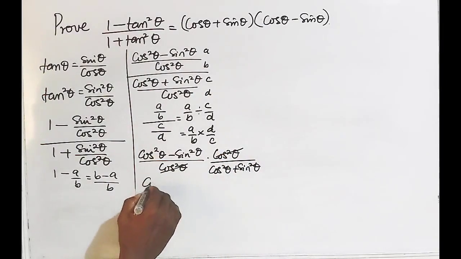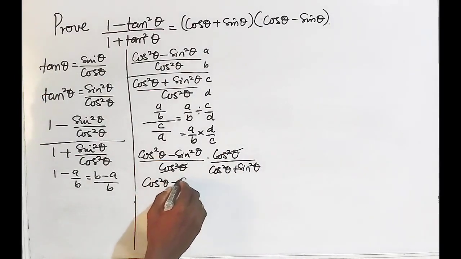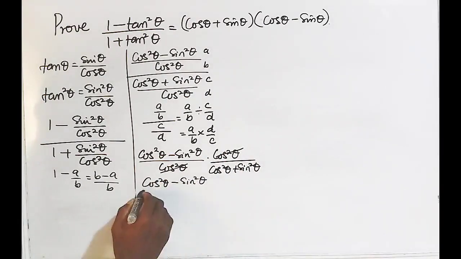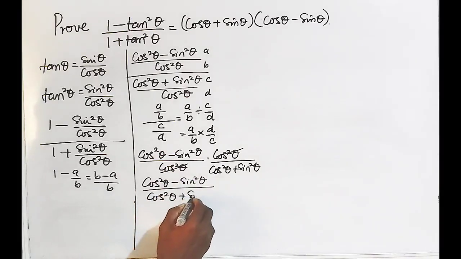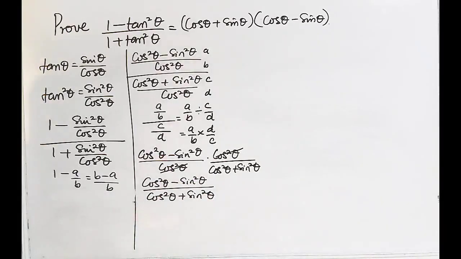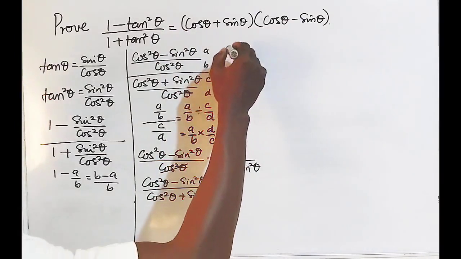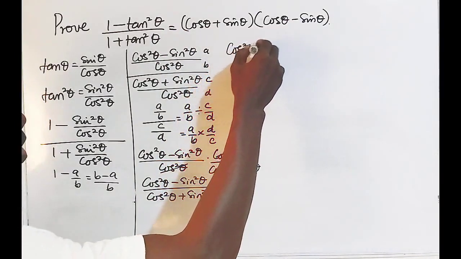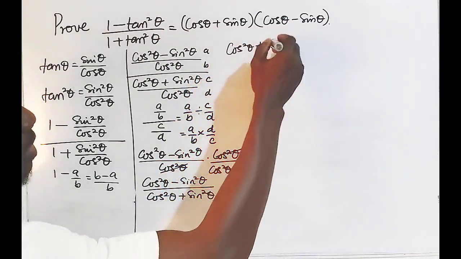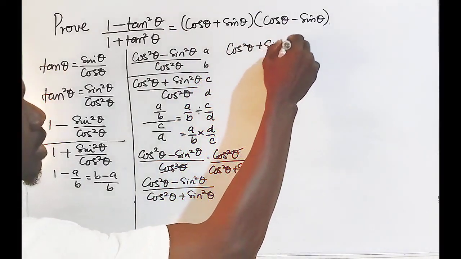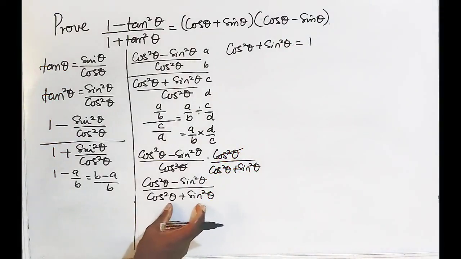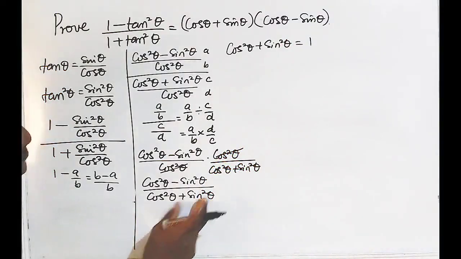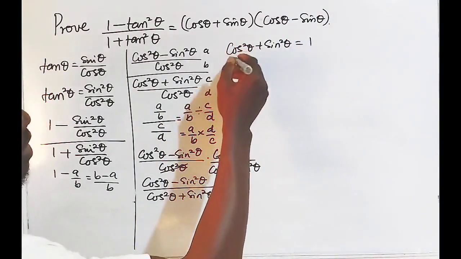You are now left with cos² minus sin² all over cos² plus sin². Moving further, let us also recall this trigonometric identity that says cos² plus sin² will give us 1. So this denominator here tends to 1.